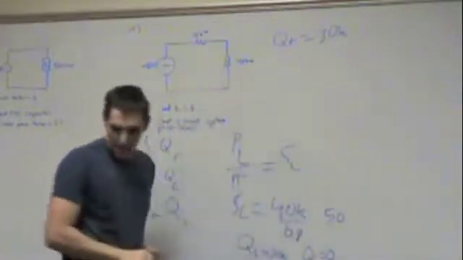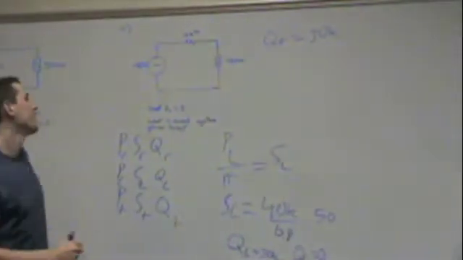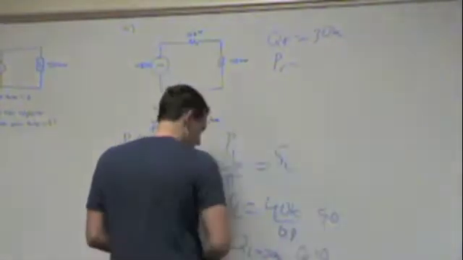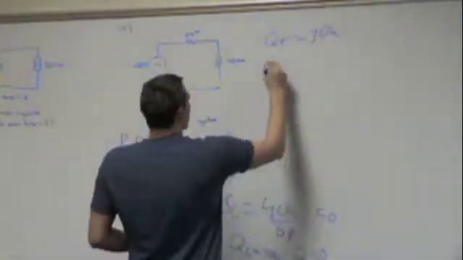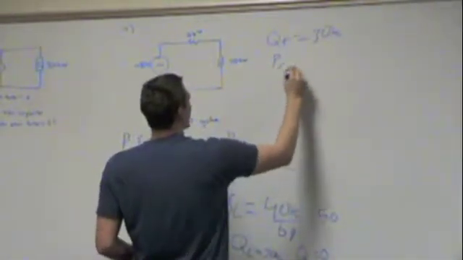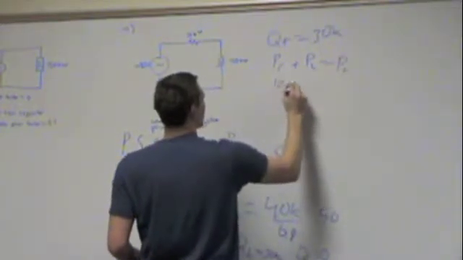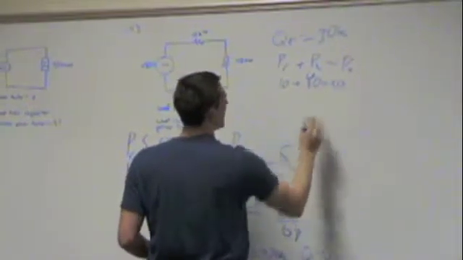Now we're on the P's, where P plus P equals P. So PR plus PL equals PT: 10 plus 40 equals 50.